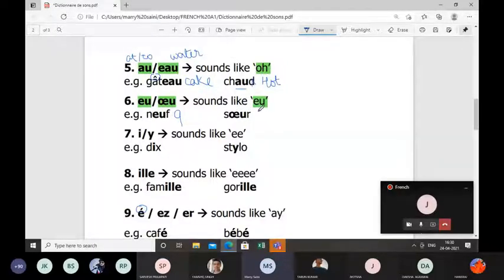Another example for this sound is "sœur". Sœur means sister.